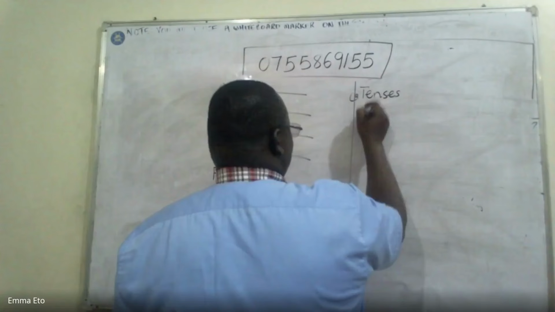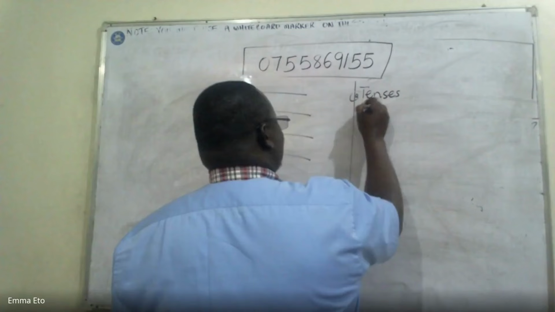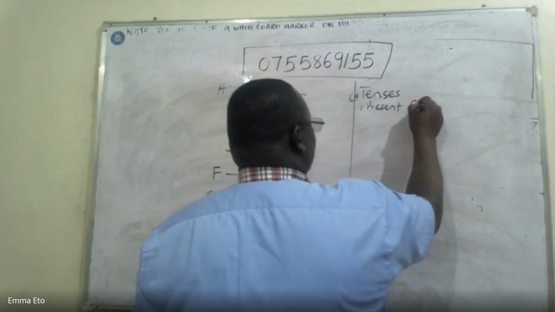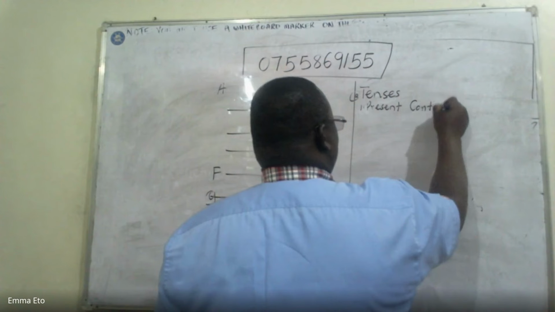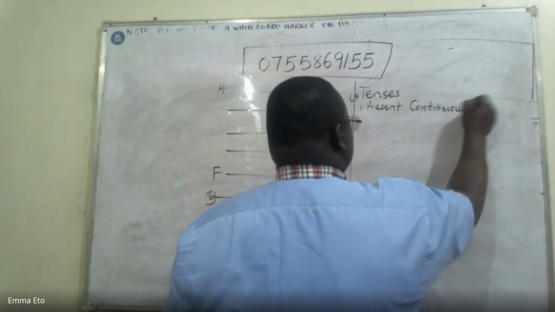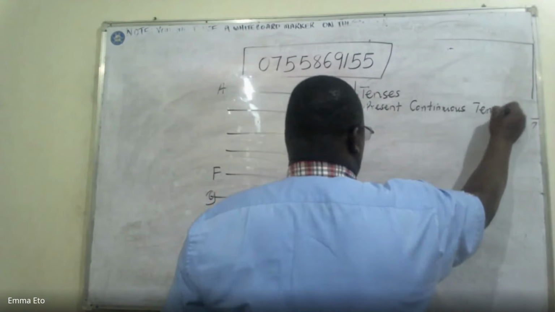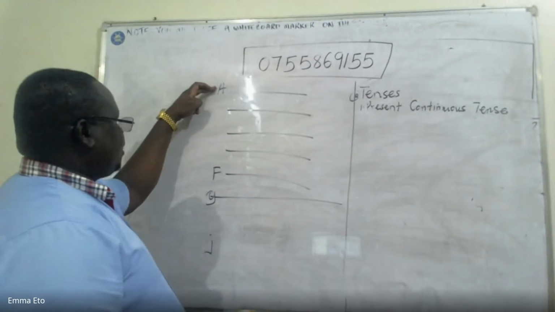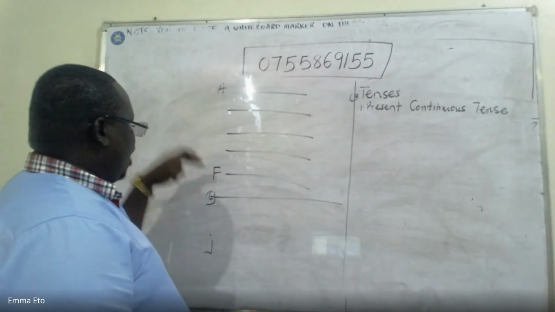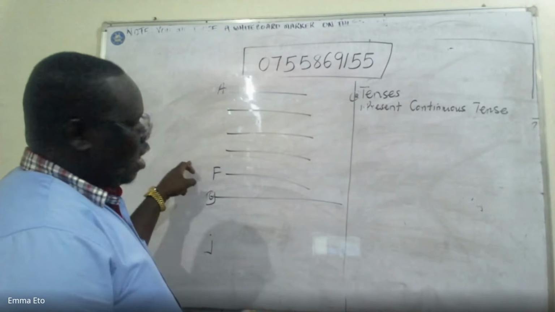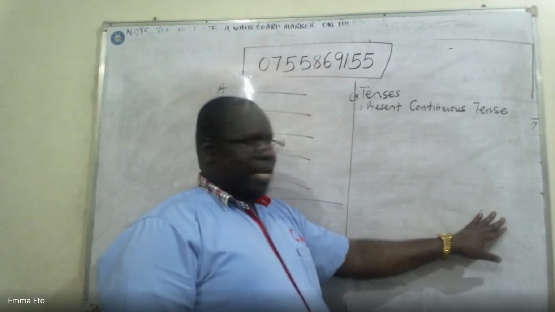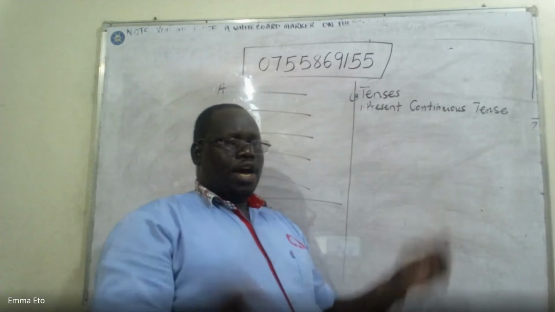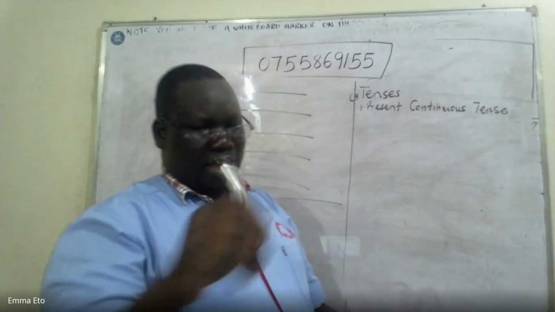Tenses, number 1, we use present continuous tense, for actions that are within A to F, 1 to 6. If the action started and it is still continuing, maybe they have drawn a picture of children writing examination.